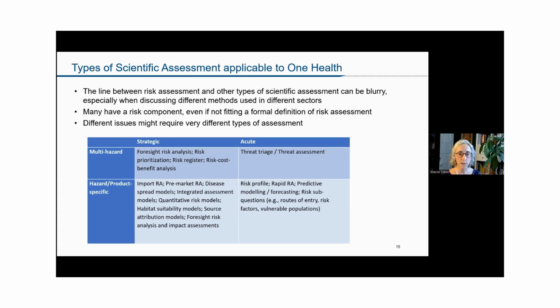Many of these methods have a risk component, or they're meant to understand different aspects of risk, even if they don't necessarily fit a formal definition of risk assessment. And the different issues in One Health might require very different types of assessment, so all of them could be important at different times.